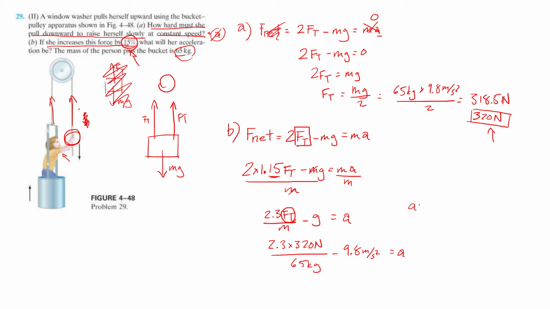And if you plug that all in, a is equal to 1.5 meters per second squared. So if she increases her force by around 15%, that means she's going to start accelerating at 1.5 meters per second squared. Kind of makes sense. Again, the biggest trick is knowing that both sides of the pulley are connected to her, so it has two FTs pulling up.